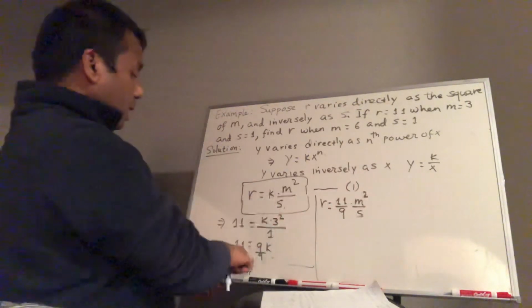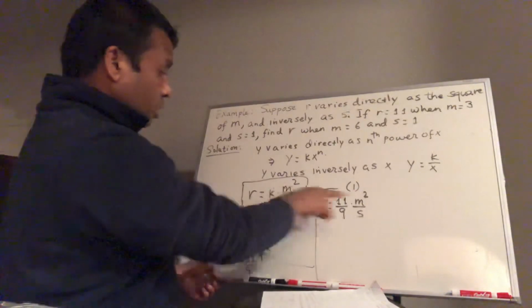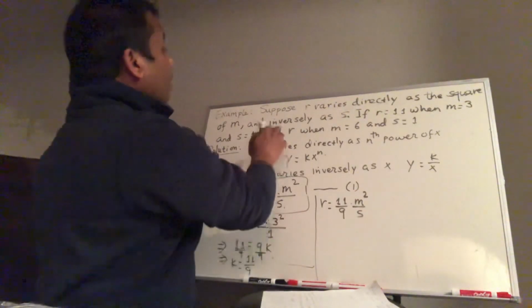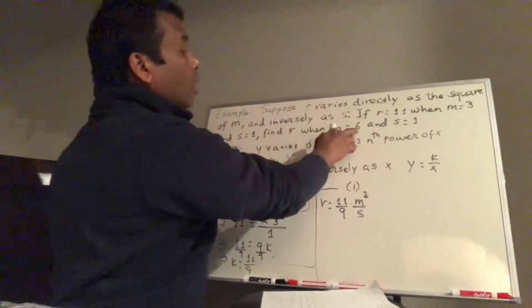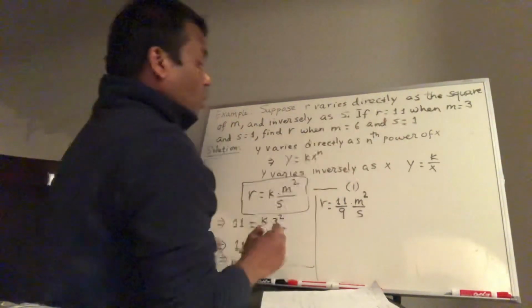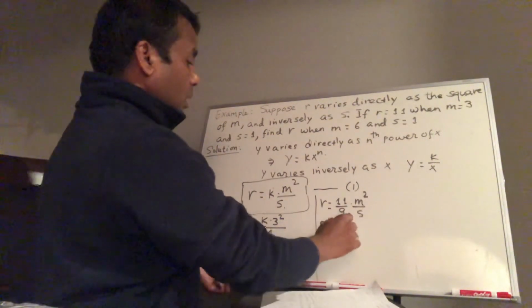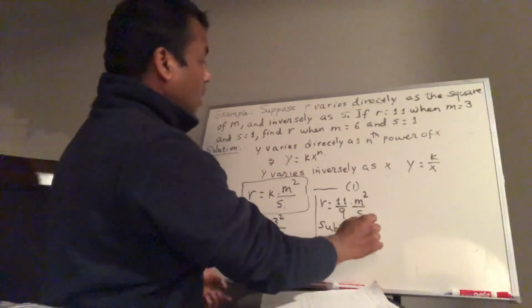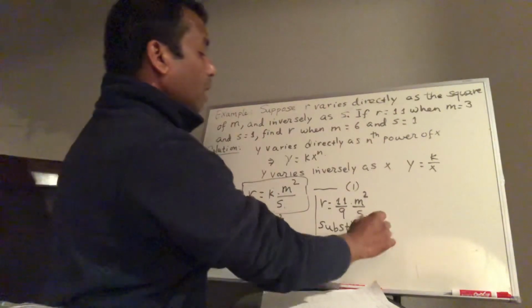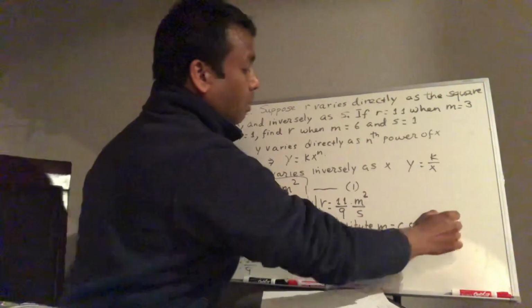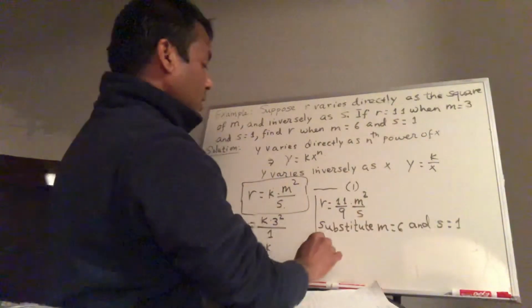And now we have to find R when M equals 6 and S equals 1. So you substitute M equal 6 and S equal 1 in this equation.